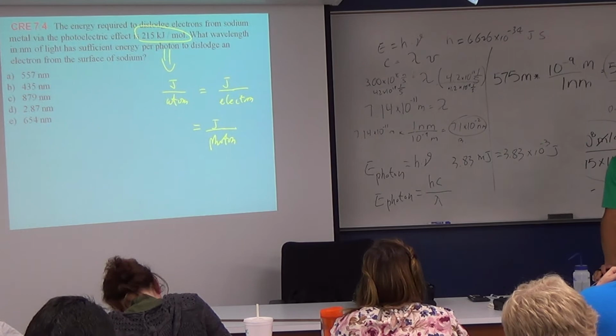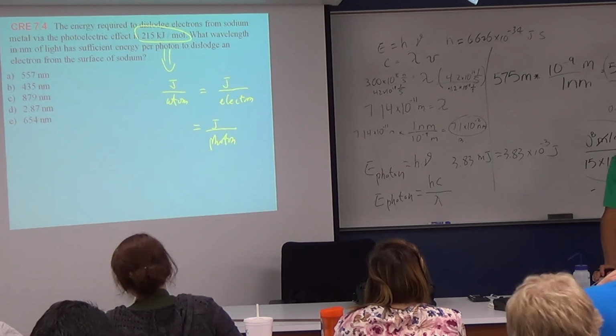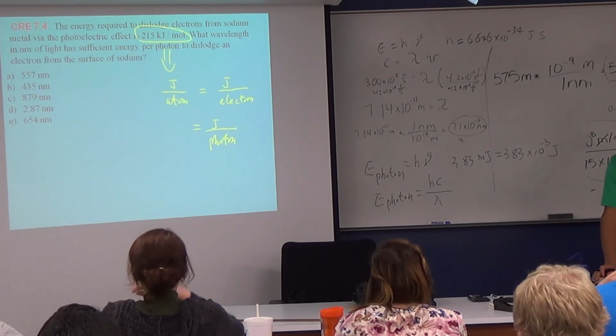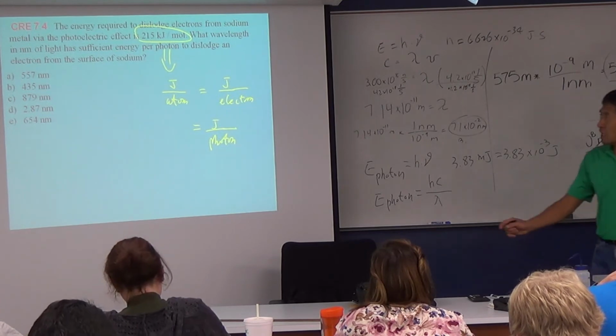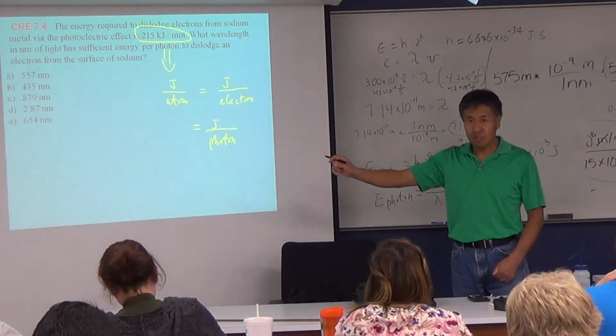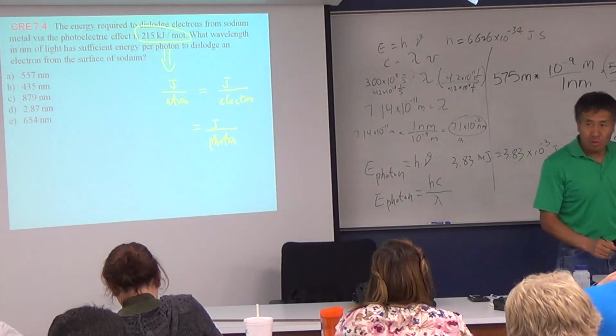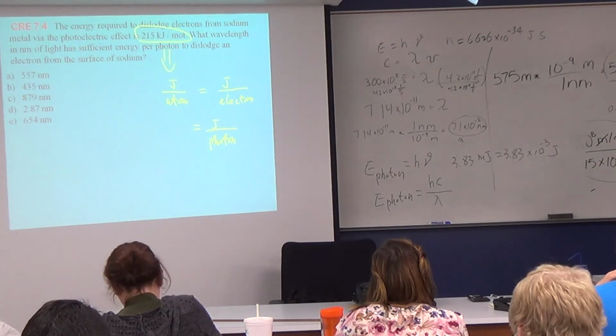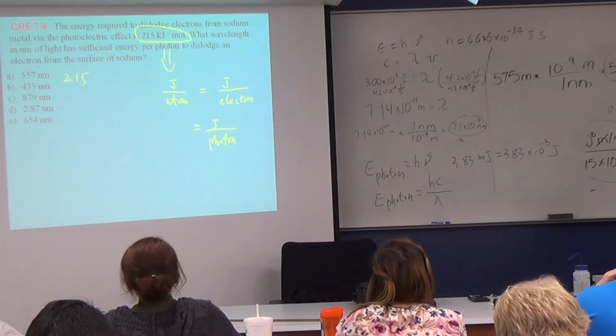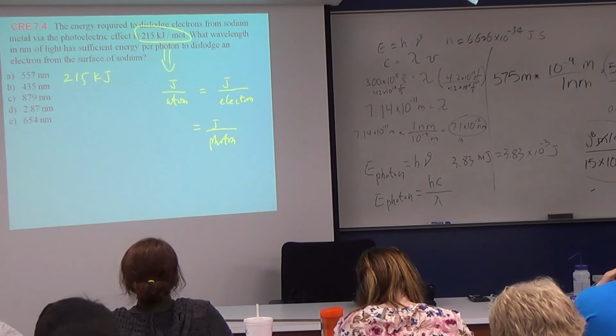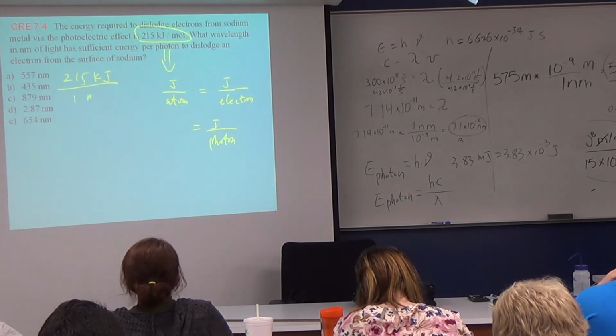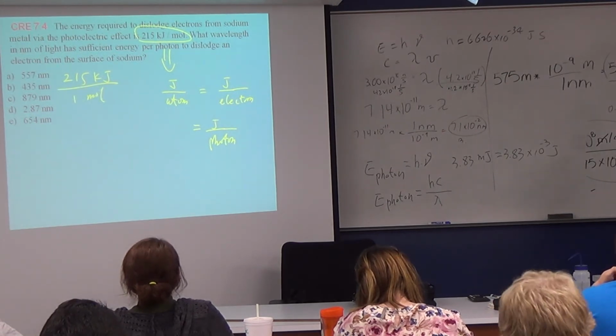So start with what, sodium? You think about 1 mole of sodium, and 1 mole of sodium requires that amount of kilojoules. So you are starting from 215 kilojoules over 1 mole, right?